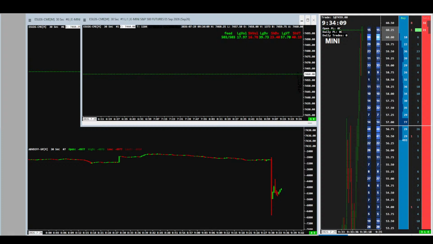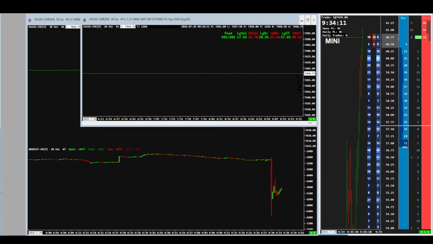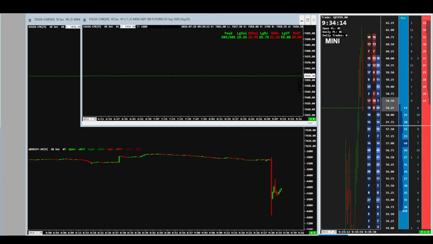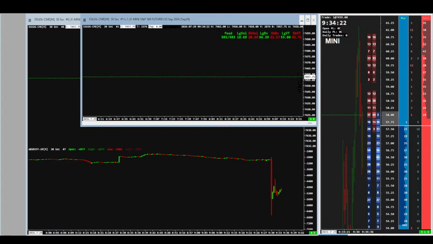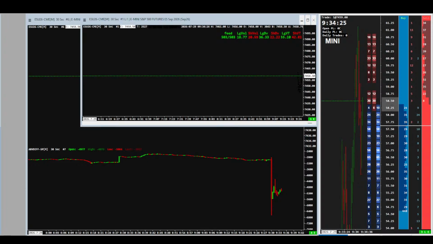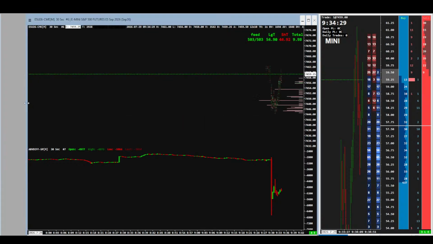Some liquidity above us. So them just driving that rip is interesting because they just denied a lot of weighted selling below us. So that's telling me they're going to revisit 65s most likely.